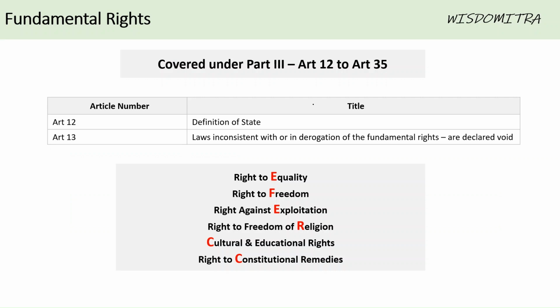First things first, how are fundamental rights covered? I mean, which part, which articles? So the fundamental rights are covered under Part 3 basically, and the articles pertaining to Article 12 to 35 are covered under fundamental rights.